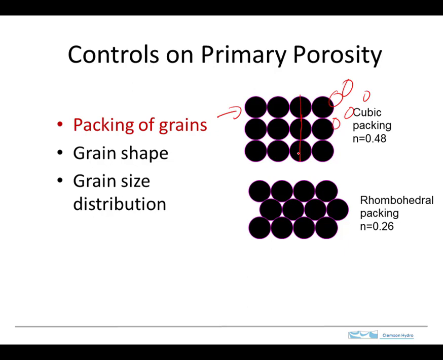And with this type of packing, the pores here are quite large, and if you assume that these are spheres and they have this geometric arrangement, you can calculate the porosity, and you get that it's 0.48 or 48% porosity.